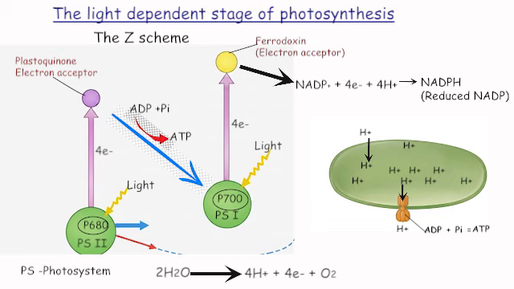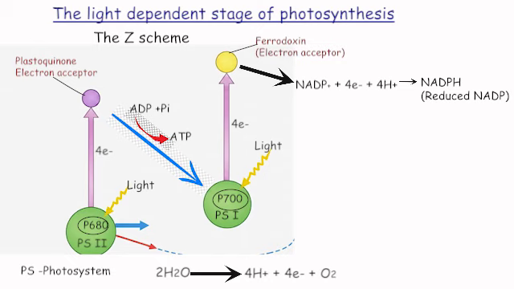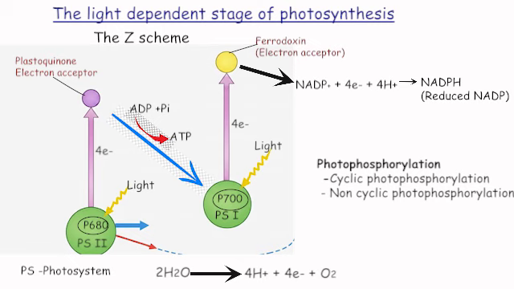Now back to photophosphorylation. It is divided into cyclic photophosphorylation and non-cyclic photophosphorylation. I'll start with cyclic photophosphorylation. Now this only involves photosystem 1. When light hits the reaction center of photosystem 1, it is photoactivated and its electrons are boosted to a higher energy level, and these are taken up by the electron acceptor, in this case ferredoxin, since it only involves photosystem 1.